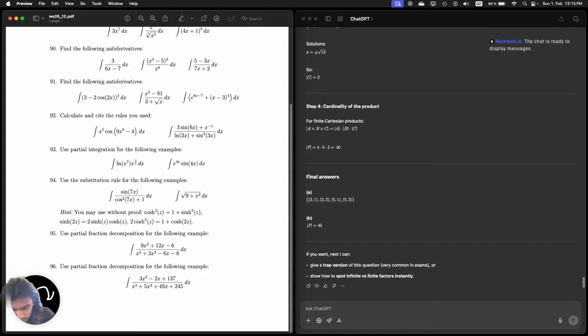Exam G1. Mathematics for chemists. I think it should be the same. Okay, we got a question paper. Let me see if I have the same question paper on my computer. Don't tell me the audio is muted.